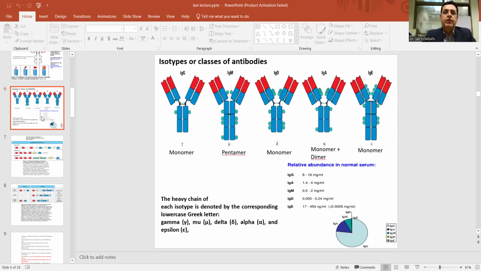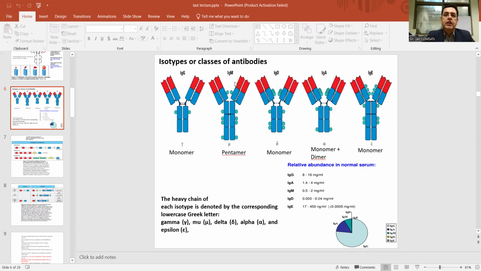Here you see different isotypes or classes of the antibody. This is IgG, this is IgM, IgD, IgA, and IgE. These are five different classes of antibodies. In the initial lecture, I told you that the B cell receptor, which is found on the surface of the B cells, can be either IgD or IgM.